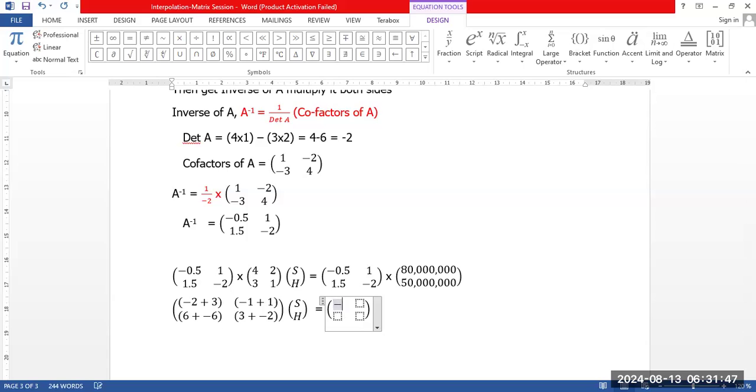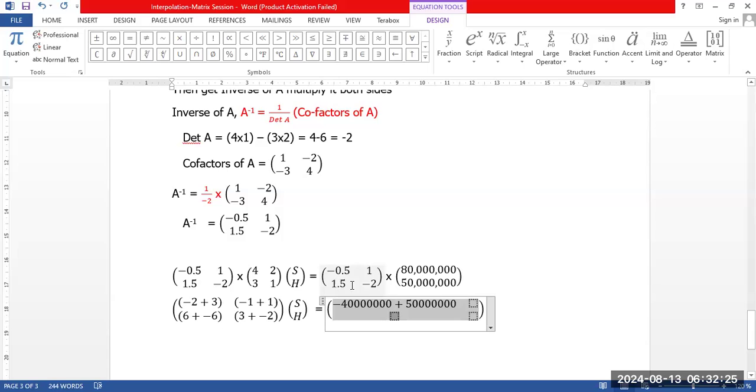You get negative 40 million. Then add 1 times 50. You get 50. Okay, you are done with the first row.